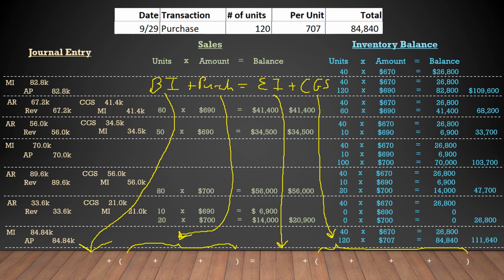Take the beginning inventory of $26,800 plus your 3 purchases, do the same with ending inventory and your cost of goods sold.